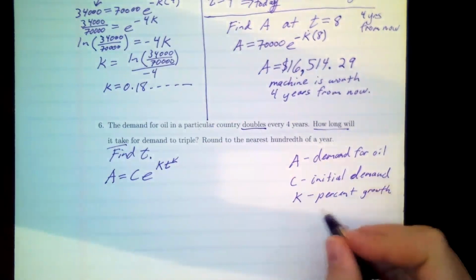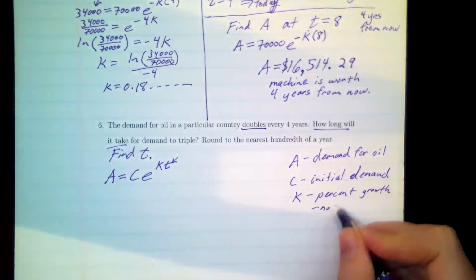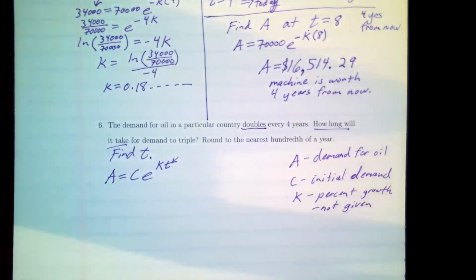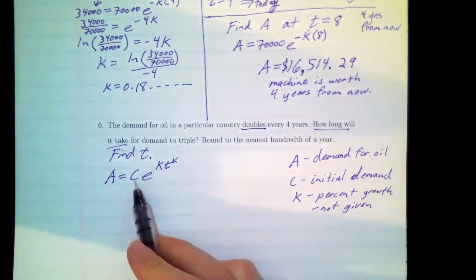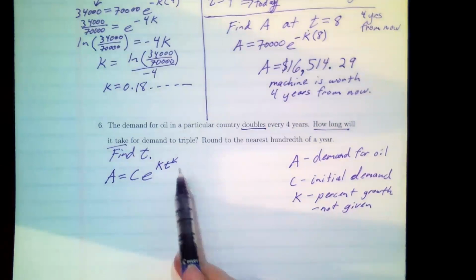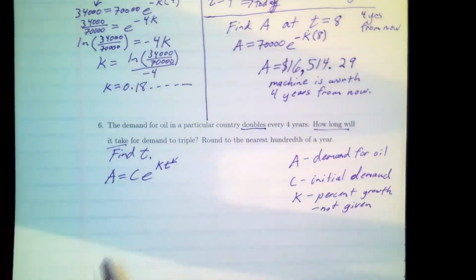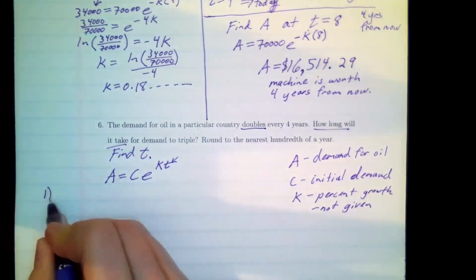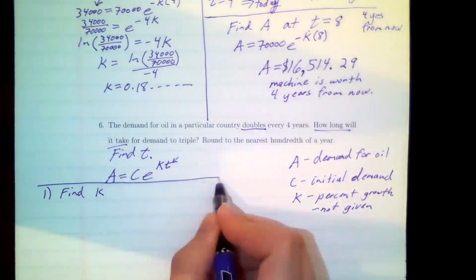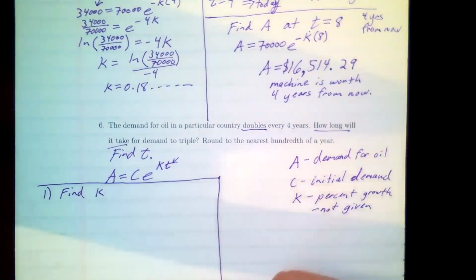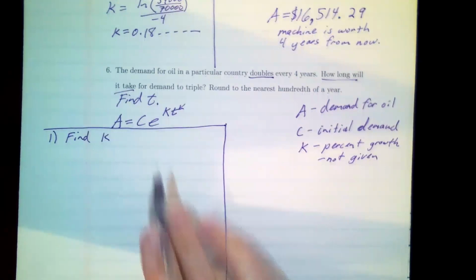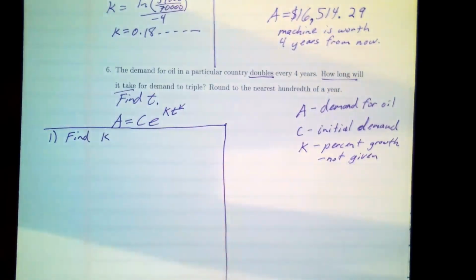So that is to say that K in this particular problem is not given again. They did not give me K, they didn't give me C, and they didn't give me A either. Now this is a pickle, because ultimately I wanted to find T. So I again have to come off to the side and find K. You can't answer any of these questions without knowing K. So if they don't give you K, that should be your first mission.